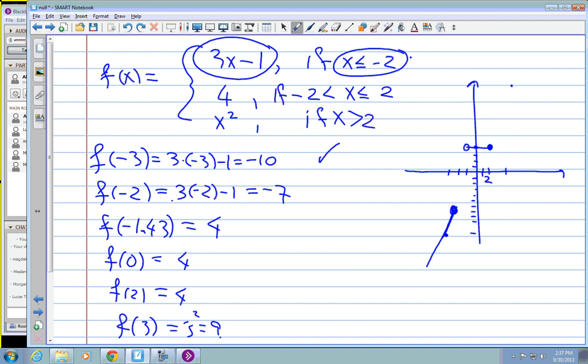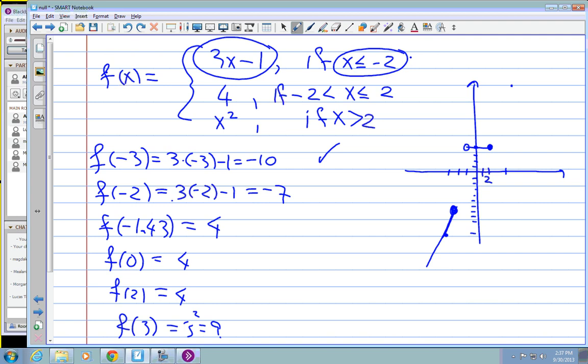On the right of positive 2, what is your function going to turn into? What is the function for x greater than 2? x squared. And what is the graph of x squared?